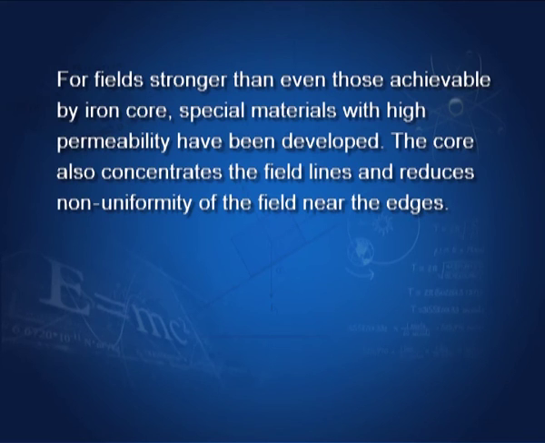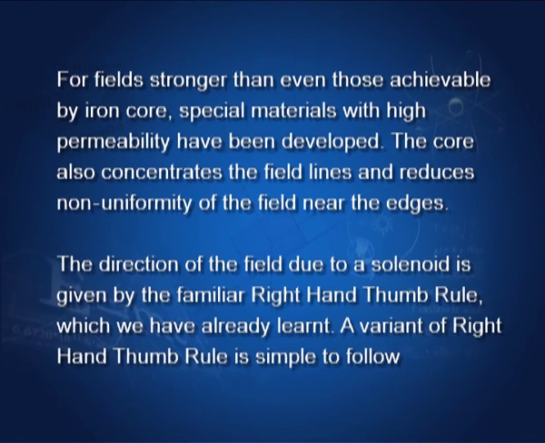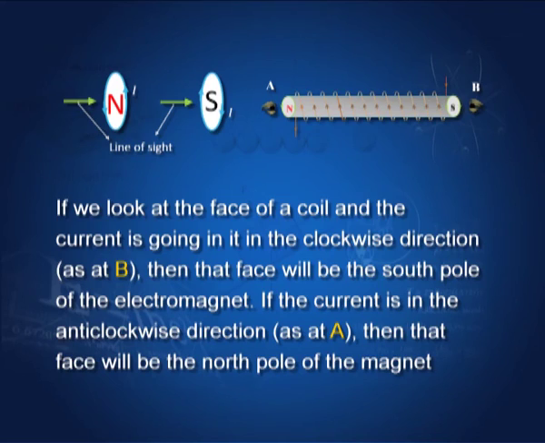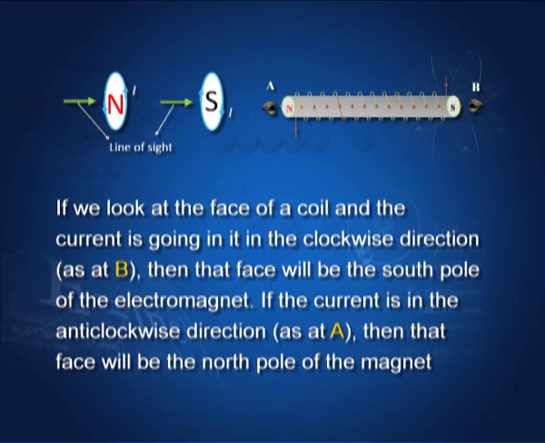axis of the solenoid. The direction of the field due to a solenoid is given by the familiar right hand rule, which we shall apply here. If you are looking at a loop, say the loop is like this and you are looking at the loop, then if the current in the loop is anti-clockwise, then the face which is towards me is the north pole, otherwise it is the south pole.